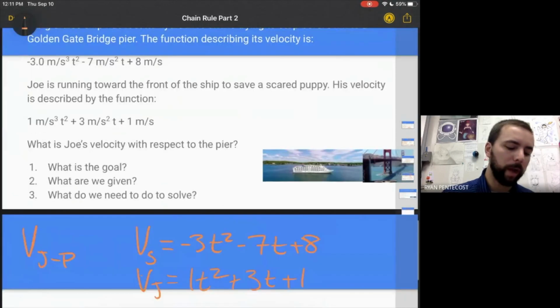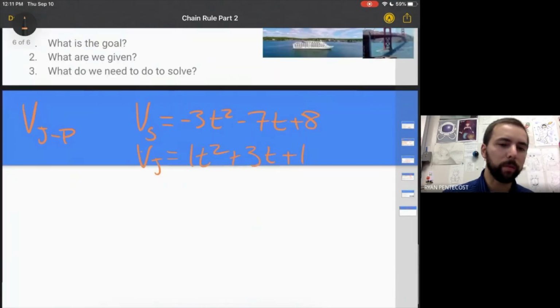So what do we actually need to do to solve this problem? This is a little different. We know Joe's velocity as he's running towards the pier, but we also know that he's being carried by the ship, which is actually going in the other direction. So this is an interesting trick that we don't get to do often. We're going to add these equations together.